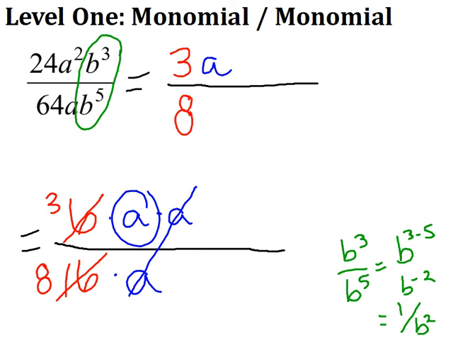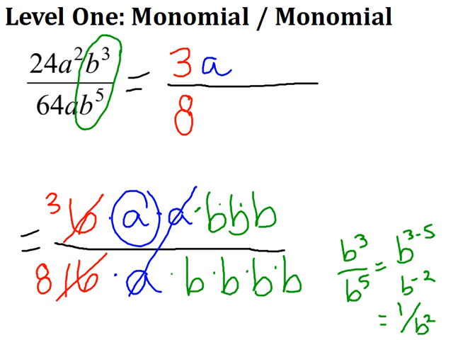And if you prefer the expanded method, you'll see how we get the same thing. Again, all of these are being multiplied, and that's why we can simplify this way. Same thing we did with the a's. I can do 1b in the numerator with 1b in the denominator.